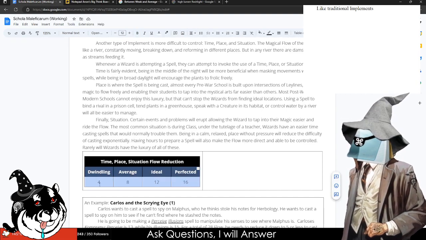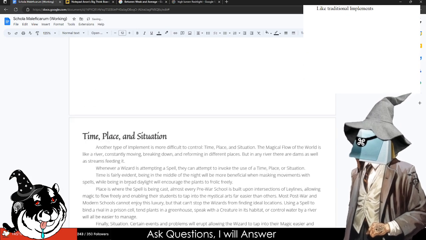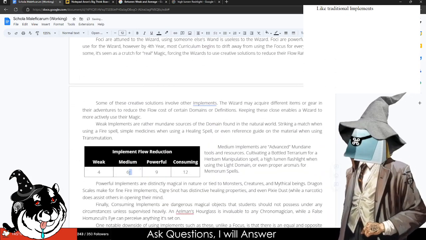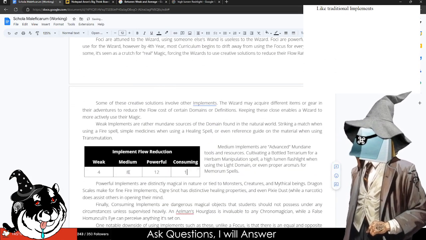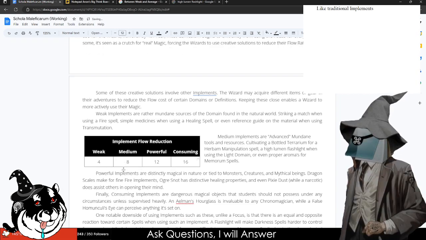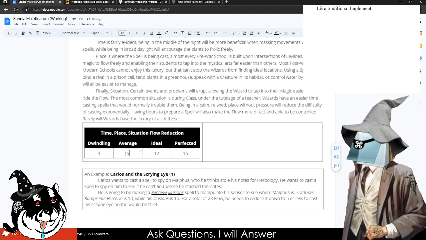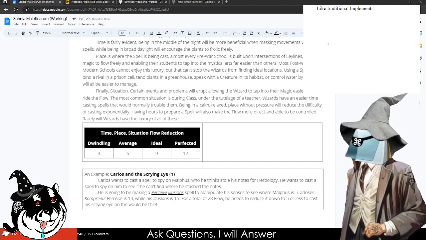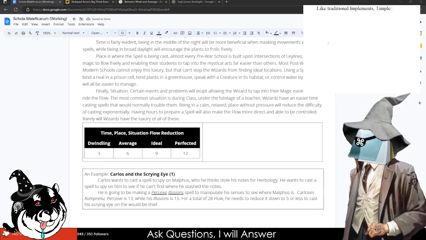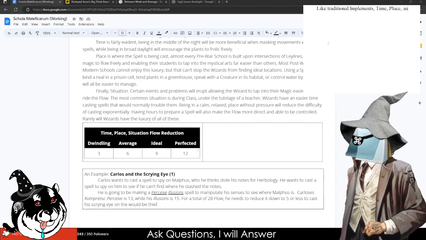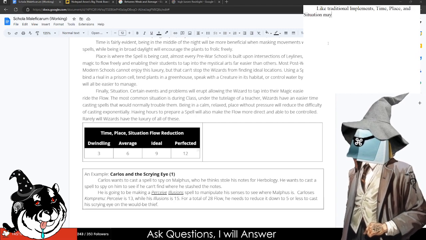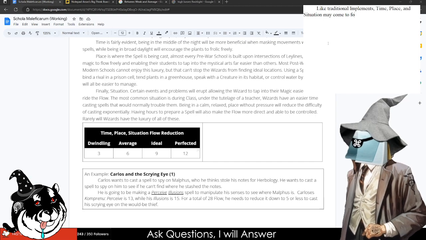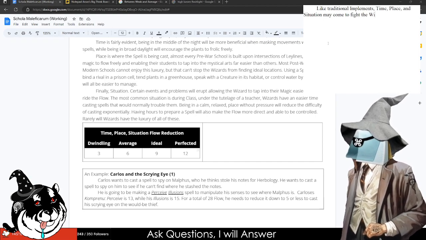Actually, no, we do 3, 4, 8, 12, 16 here, but we do 3, 6, 9, 12. Switch that around. Like traditional implements: time, place, and situation. Situation may come to fight the wizard as well.